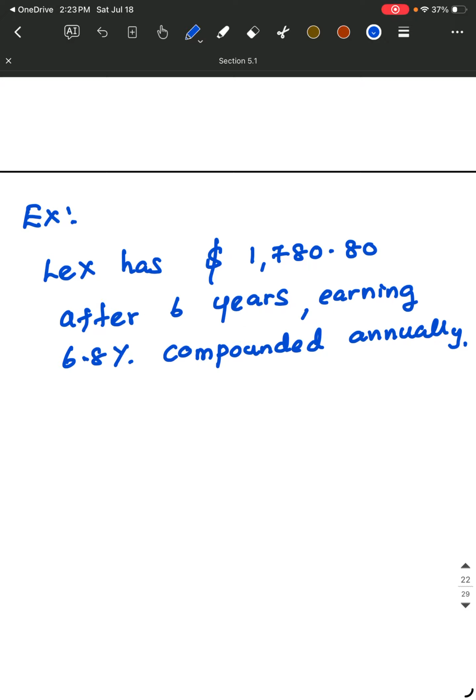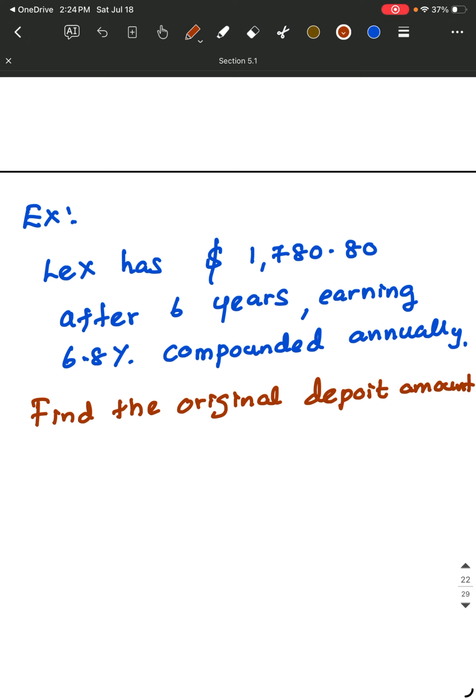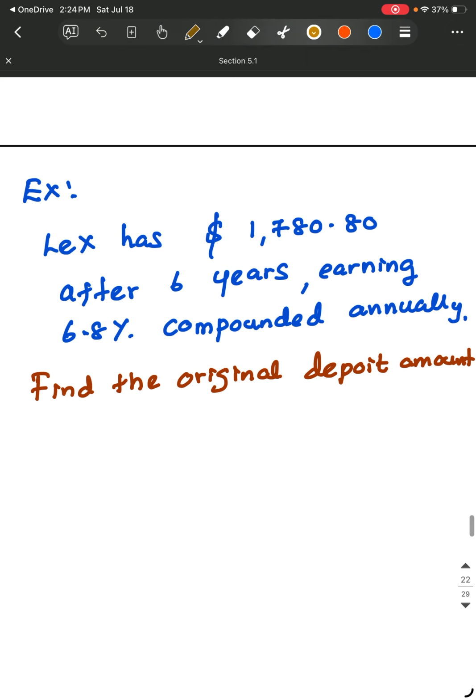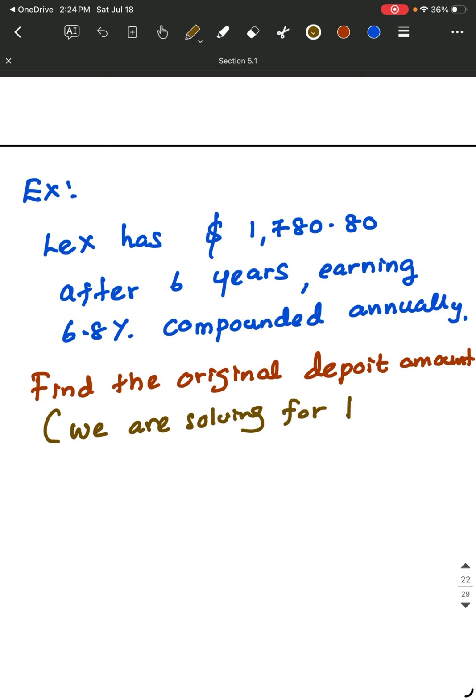Find the original deposit amount. Okay. This problem is different because the final amount is known. Now we are solving for P, right? So we are solving for the principal amount P.